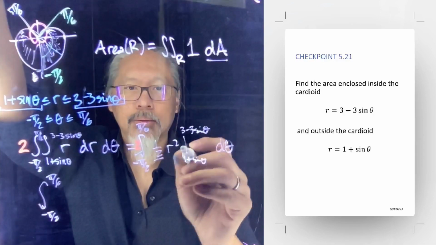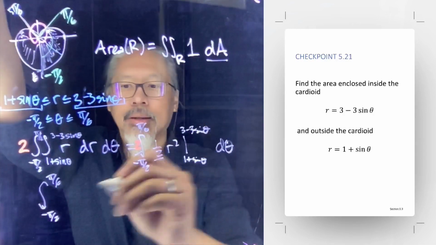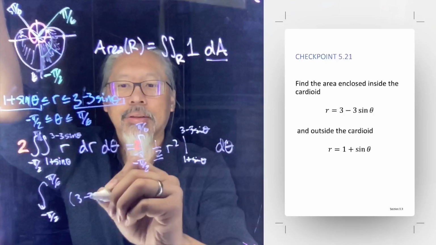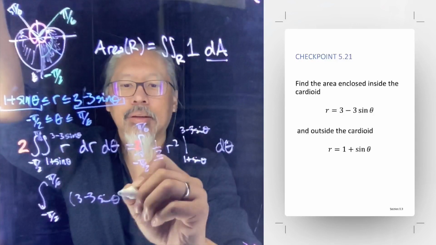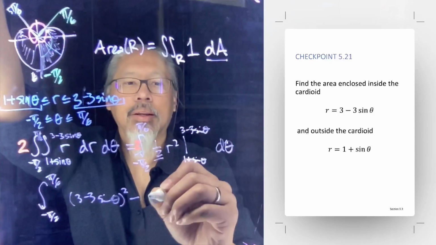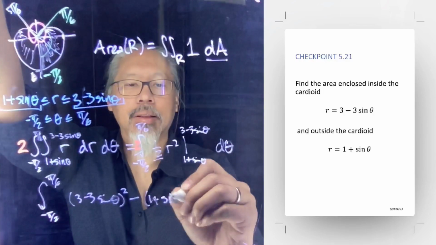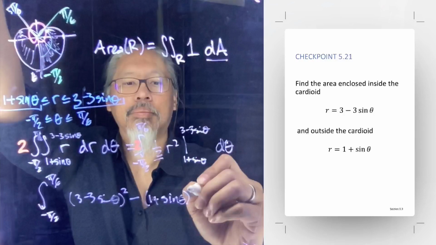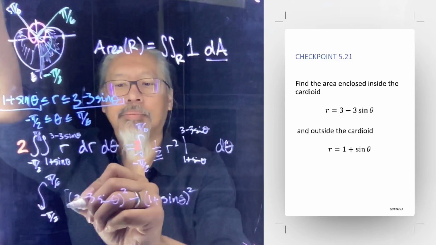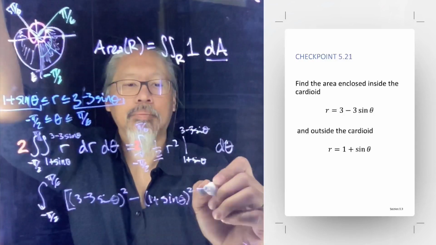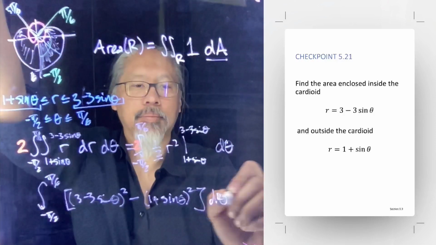And then we're going to evaluate at 3 minus 3 sine theta. We're going to square that, and then we'll subtract 1 plus sine theta, and then we'll square that, d theta.